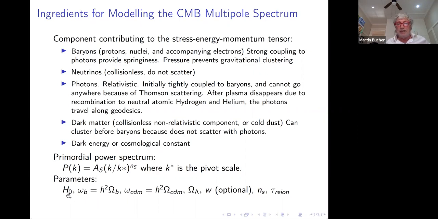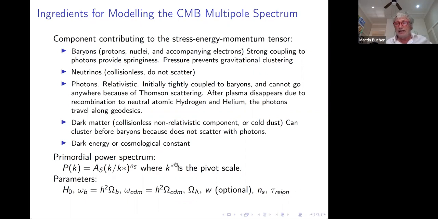And then we have things like the current expansion rate, the so-called Hubble constant, the amount of baryons, and it gets put into this ratio, amount of cold dark matter, cosmological constant, and one can sort of add some other stuff.